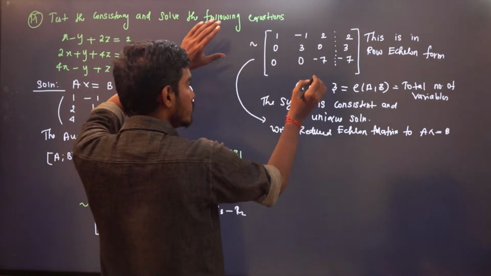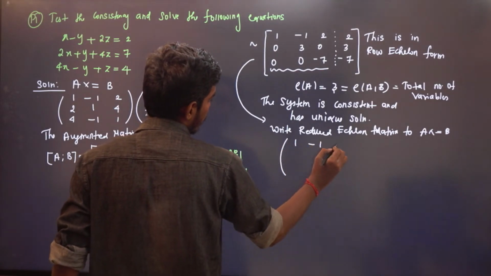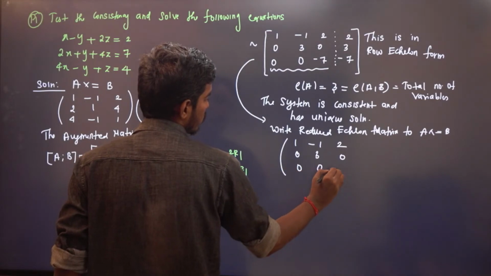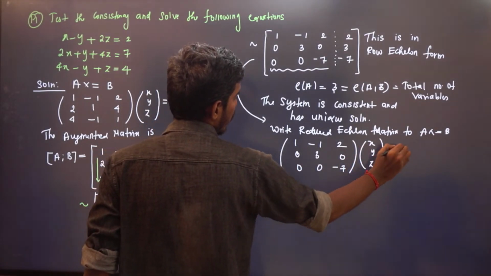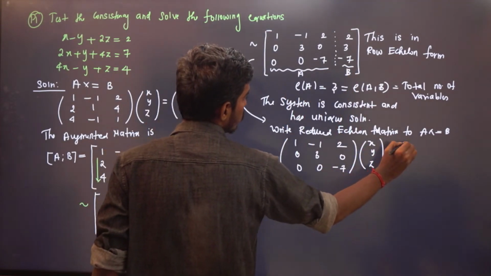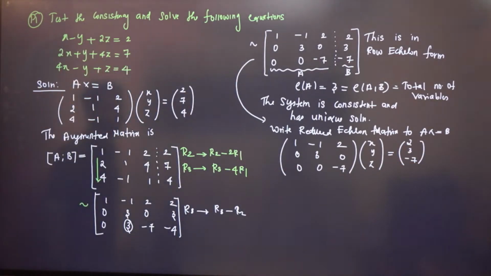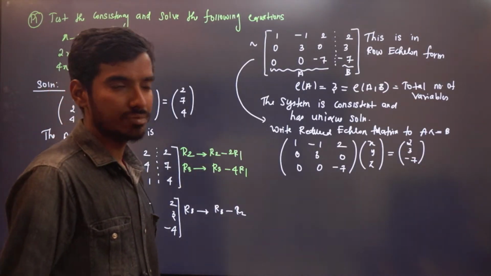So in this reduced echelon matrix, this is your A: 1 minus 1 2, 0 3 0, 0 0 minus 7, and your variables are x y z, and your B is this, 2 3 minus 7. Write the reduced echelon matrix to Ax equal to B and solve by backward substitution.